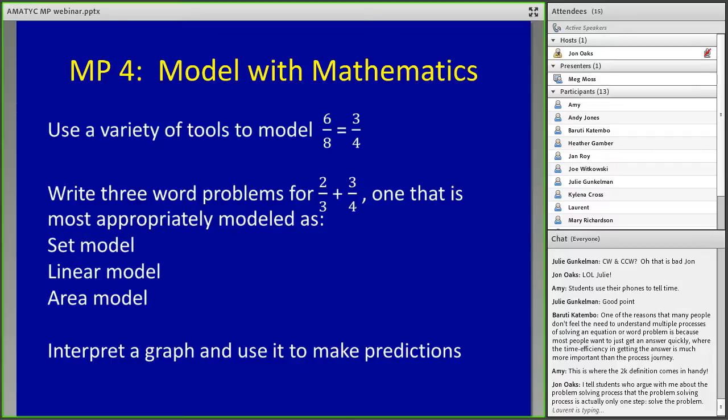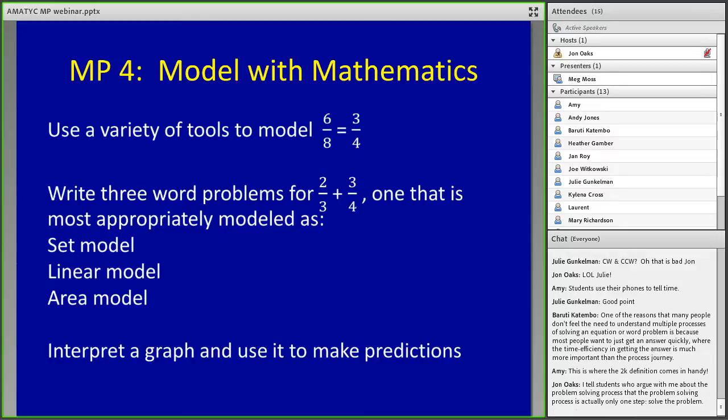And I say, model 6/8 and use that model to show me that it's the same thing as 3/4. And so they have to really think about their models. They have to think about what their unit whole is. They have to really delve into the different models and what 6/8 looks like with different models.